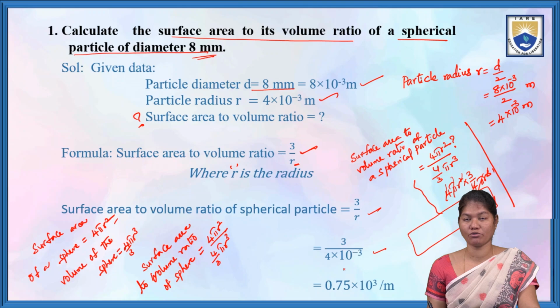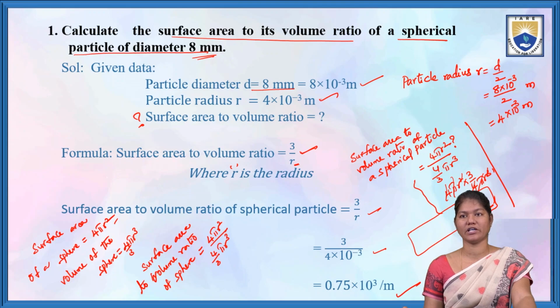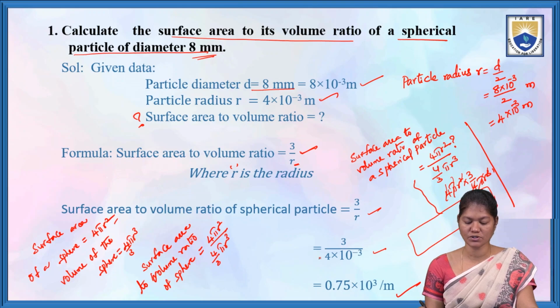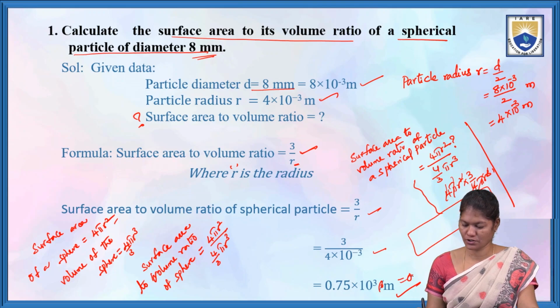So 3 by 4 into 10 power minus 3 meters, when calculating, we'll get 0.75 into 10 power 3 per meter. So this is the surface area to volume ratio.